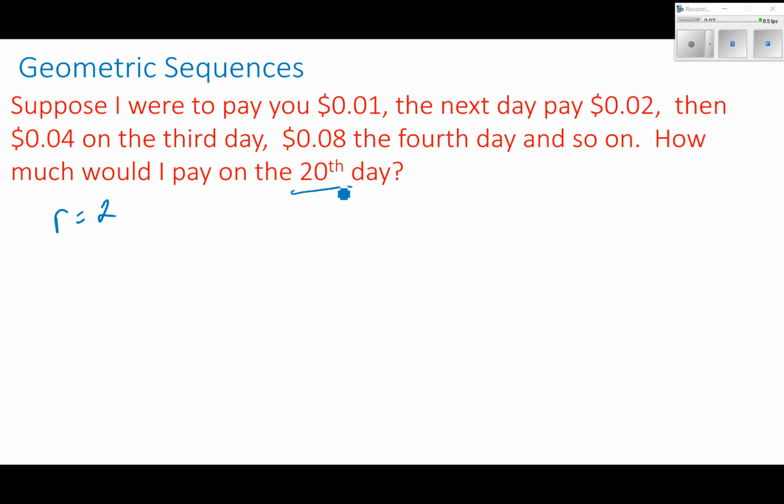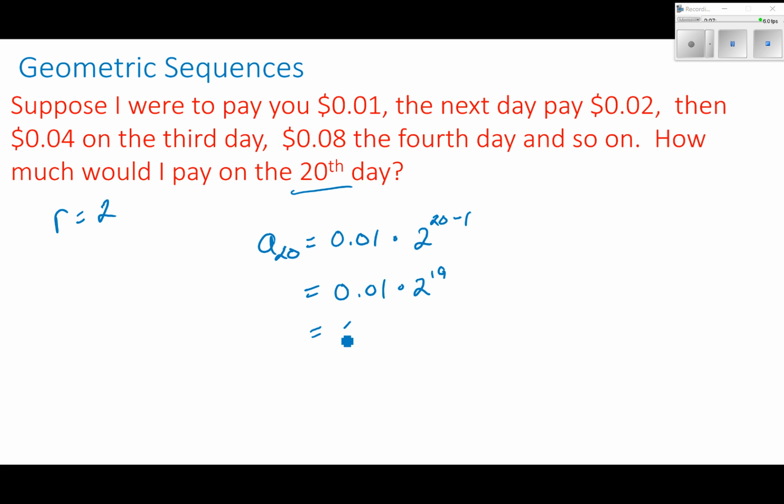If I want to find the 20th day, that would be a sub 20, which is my first term, 1 cent, times my common ratio, which is 2, raised to the n minus 1. Well, my n was 20, minus 1. So this is 0.01 times 2 raised to the 19th.